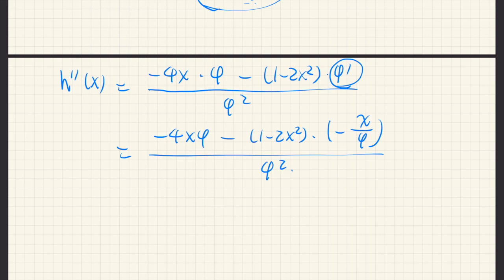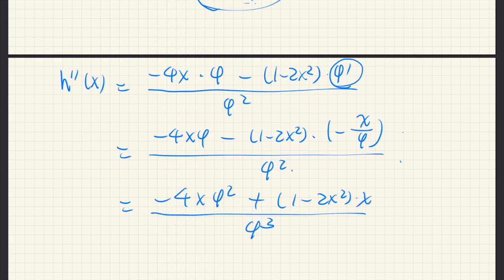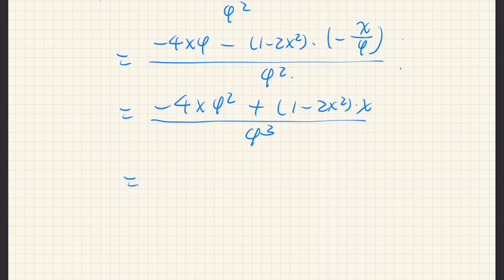Let's multiply both numerator and denominator by phi. We have 4x phi squared, 1 minus 2x squared x plus phi cubed. Okay, so what do we have here?